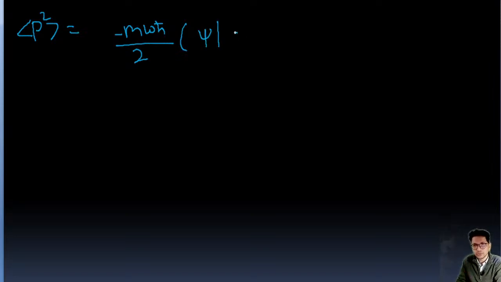The value of psi we know, it is a dagger square plus a square minus 2n plus 1. This is the value of p square, right? Into psi. Okay, so we'll put the value.